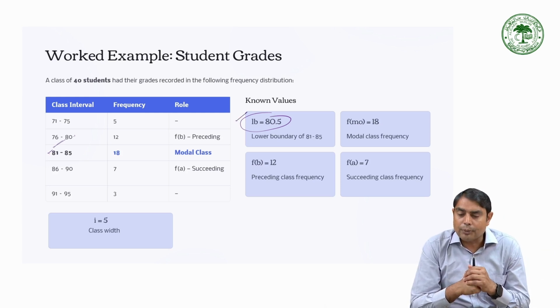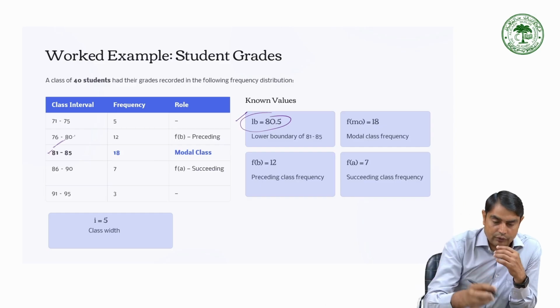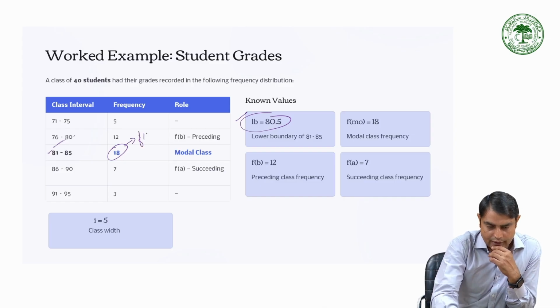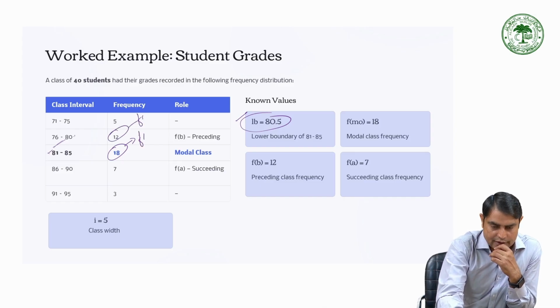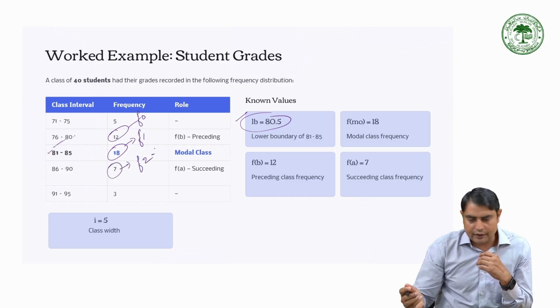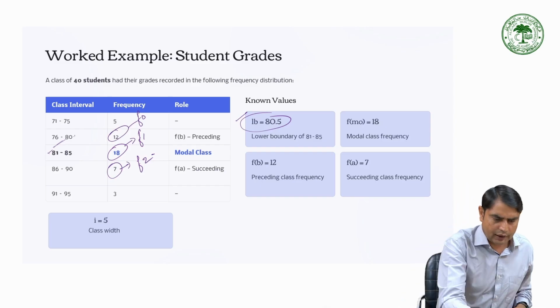So once you have obtained the lower limit, which is 80.5, you can find your f1 like this, and then f0 is like this, and f2 is like this, and then you can apply the formula, and i is 5.